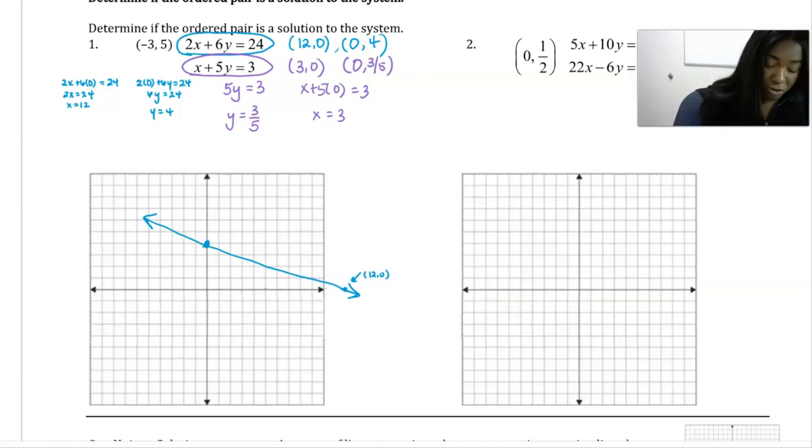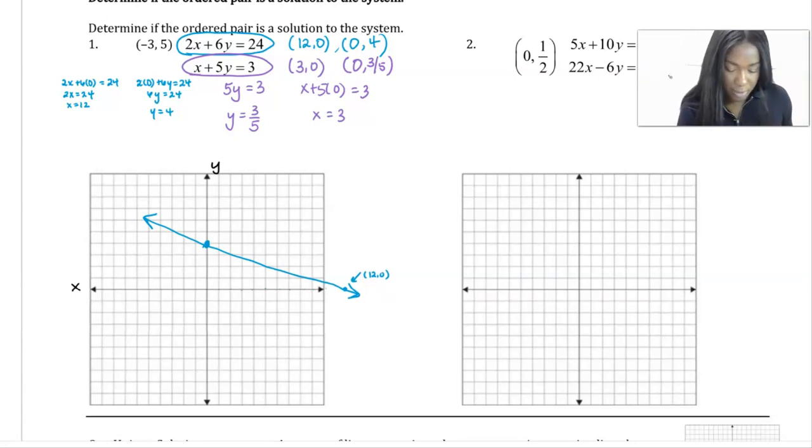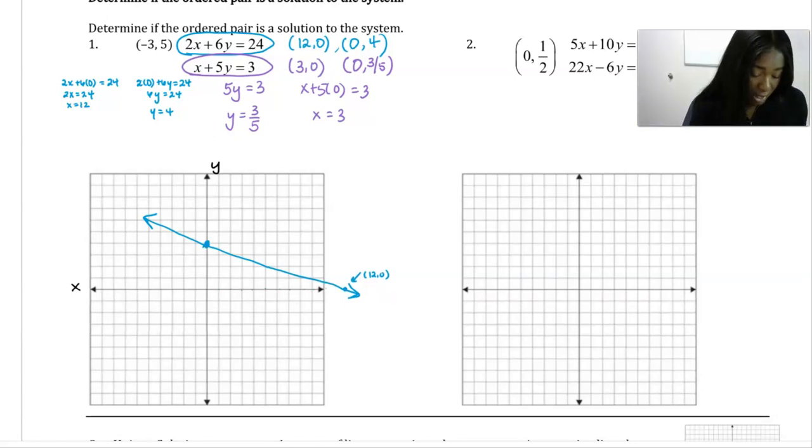I'm also going to take this opportunity to go ahead and label my x and my y axes. Your axes should always be labeled when you're graphing. Now I'm going to plot the points on the second line. So we have an x-intercept of 3, 0. So here's the point 3, 0.